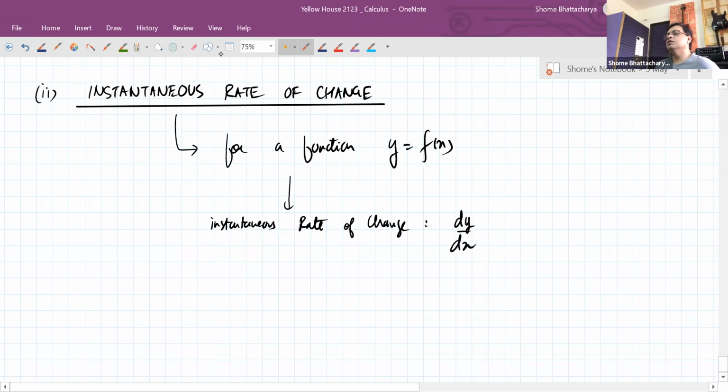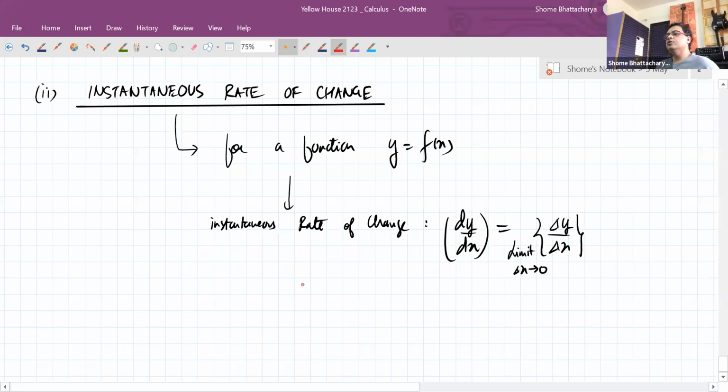You might have seen this symbol dy by dx. You can read it as dy by dx, but it is read as differentiation of y with respect to x. Okay, and the definition of this term is that it is delta y by delta x, but with a special condition which we call the limit, that delta x is tending to 0.